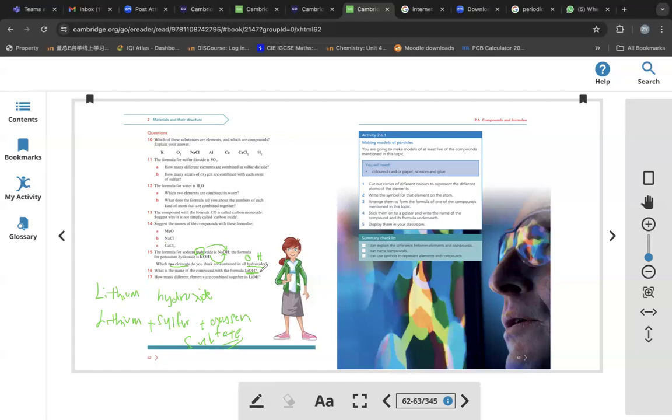Wait, just a minute. It's actually this blue table I sent in the group. Can you open up the picture? Then you can see.